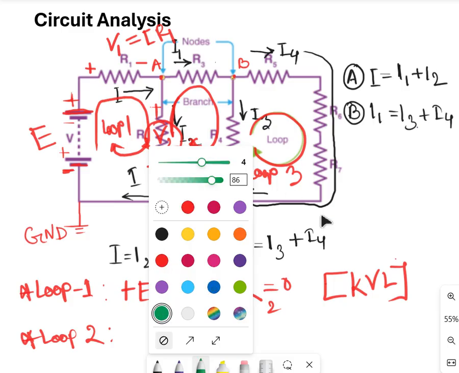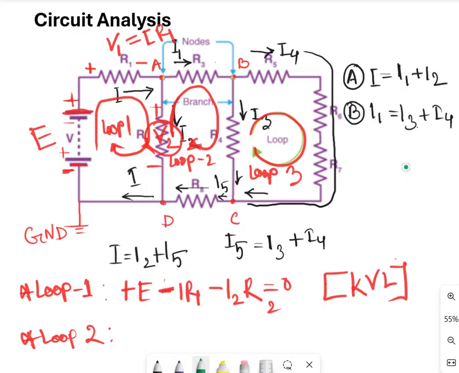Let's use the green one for better understanding. So let's say this is the loop, right? Here is V2. When it enters it is negative, when it comes out it is positive. So obviously we have to write down V2 positive.